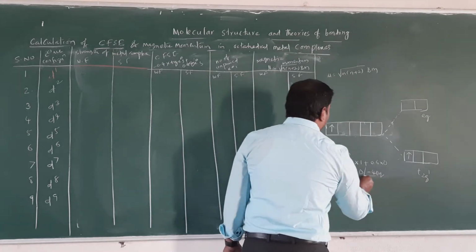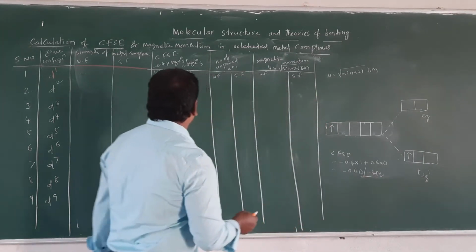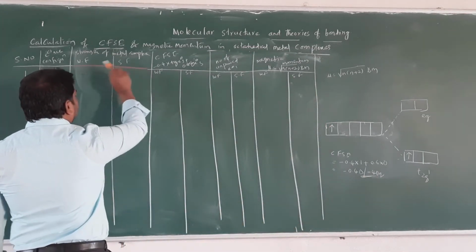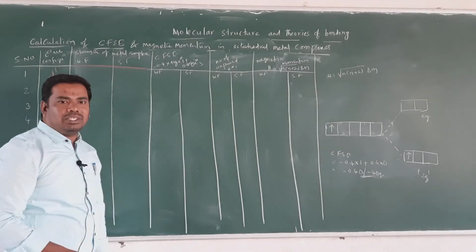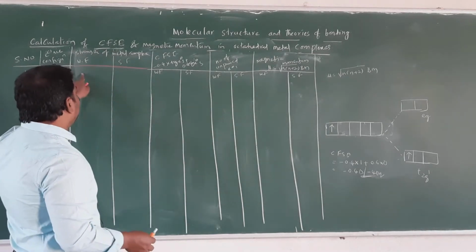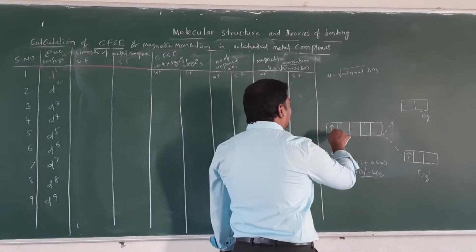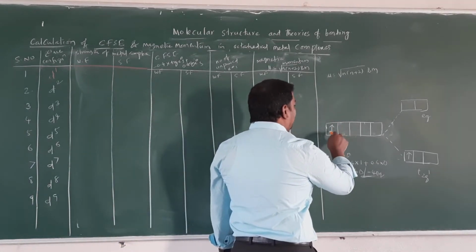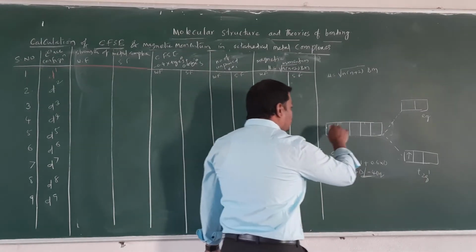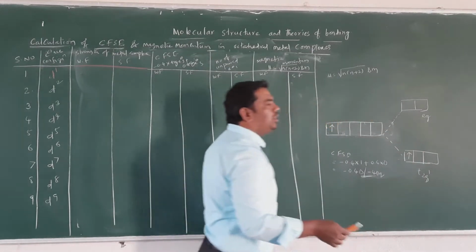This CFSE value is similar for the weak field complex and the strong field complex. In a strong field complex there is only one electron, and it is also placed in the t2g level.